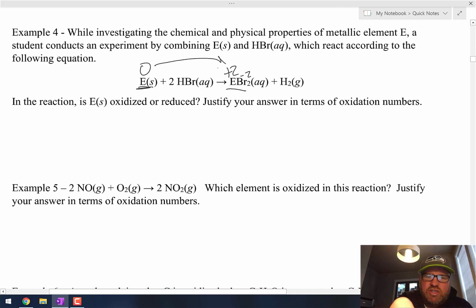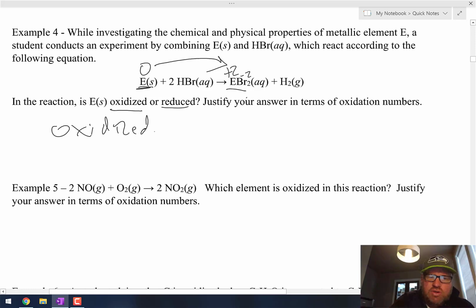Okay, so in the reaction, is E oxidized or reduced? Well, you're going from a 0 charge to a +2 charge. And to me that looks like it's lost 2 electrons. And again, oxidation is losing, reduction is gaining. So in this case, E has lost electrons. So is E oxidized or reduced? Answer the question. Oxidized.